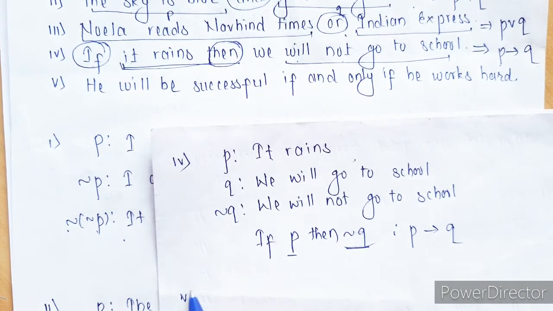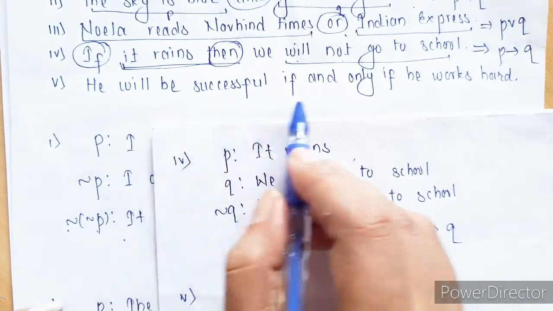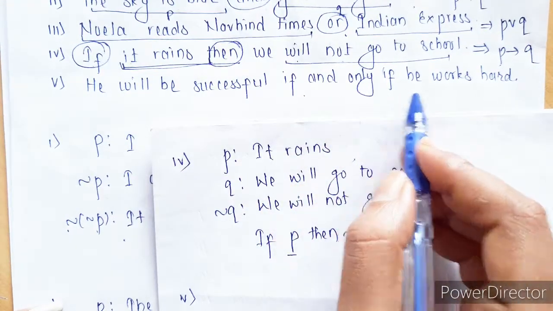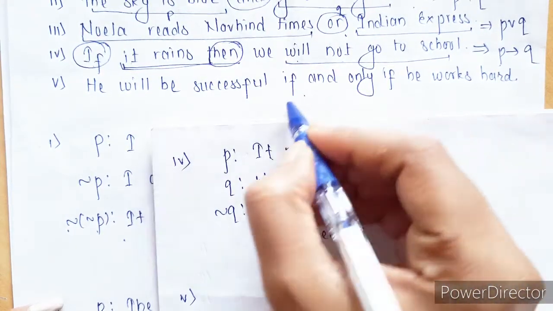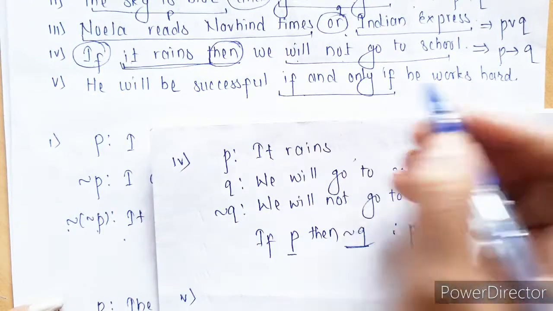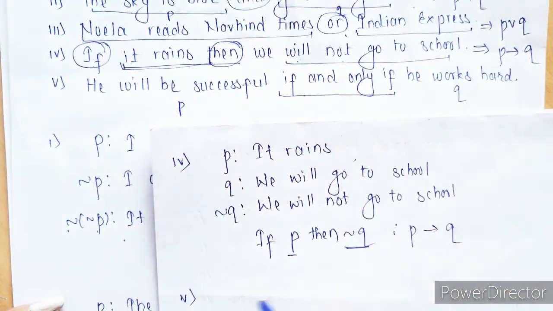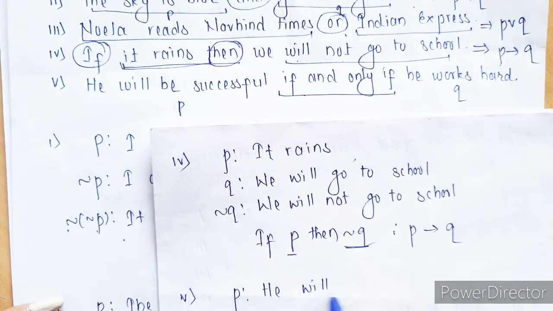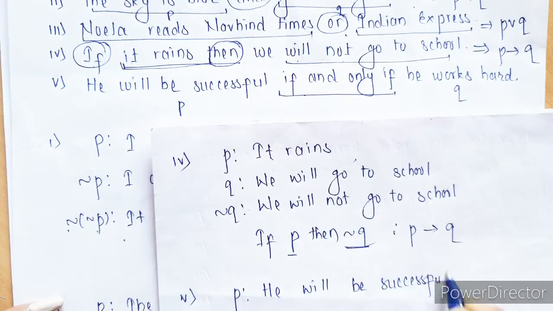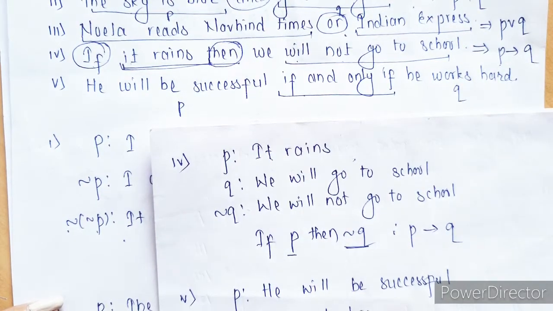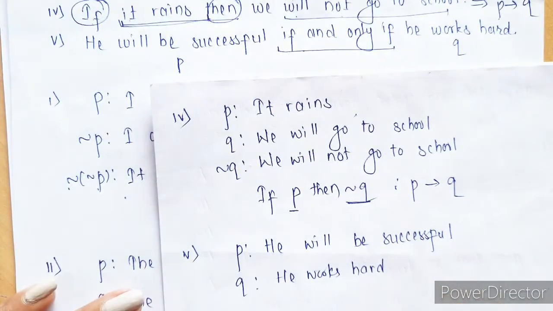Now the last one, he will be successful if and only if he works hard. Here the connective is if and only if. This is statement P and this is statement Q. Statement P here is he will be successful, and statement Q is he works hard.